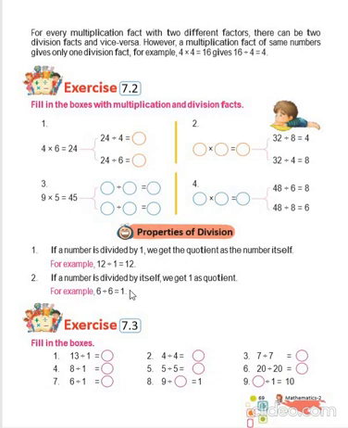So, children, remember there are two properties of division. First one, if we divide any number by 1, we get the quotient as the number itself. Second one, if we divide any number by itself, we get 1 as quotient. Now come to exercise 7.3. This exercise you have to do by using the above property.